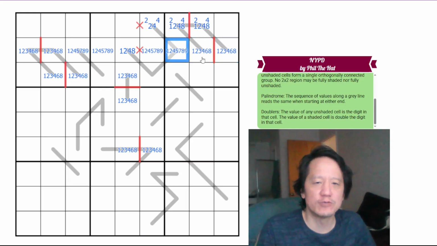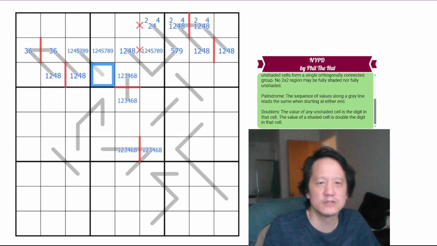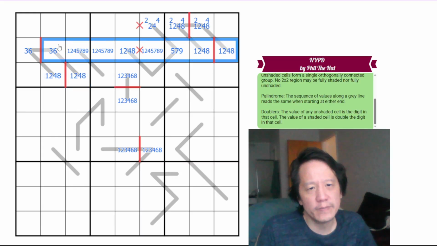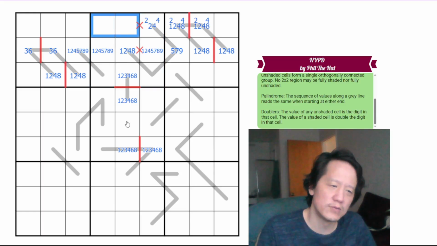Well, let's say that were the case. So this is 1, 2... This is not 1, 2, 4, 8. This becomes a 1, 2, 4, 8 triplet. That forces this to be 3 or 6. That means this can't be 3 or 6. Where is 3 or 6 in this box? I guess they both could be here, right?